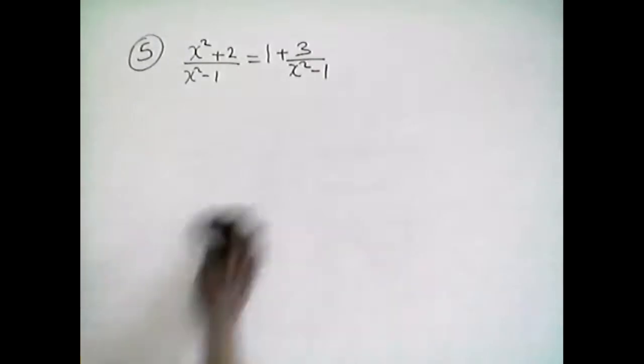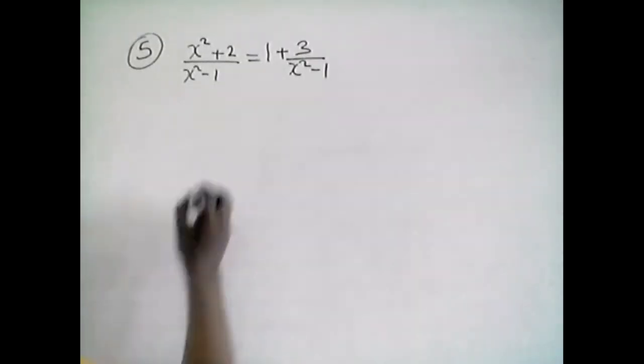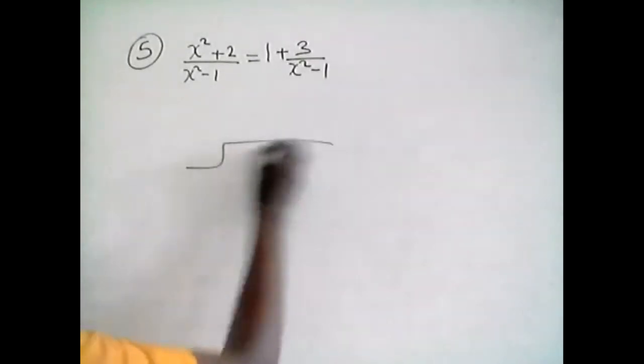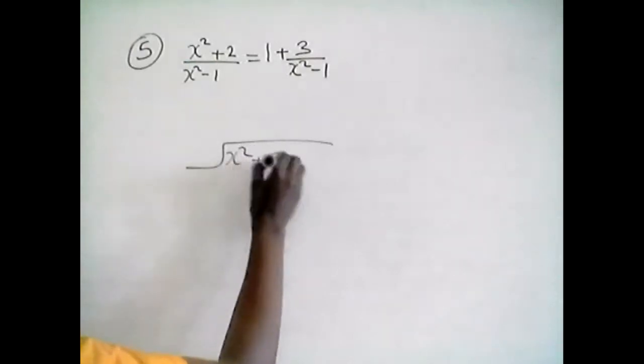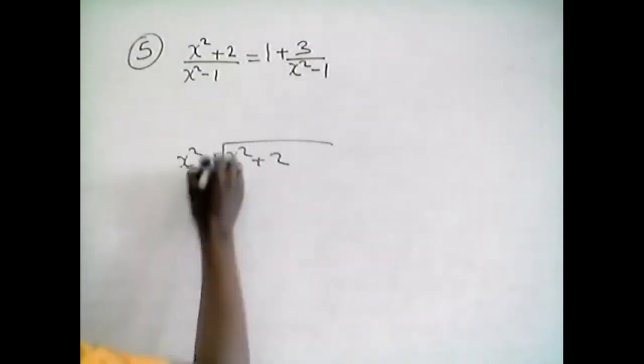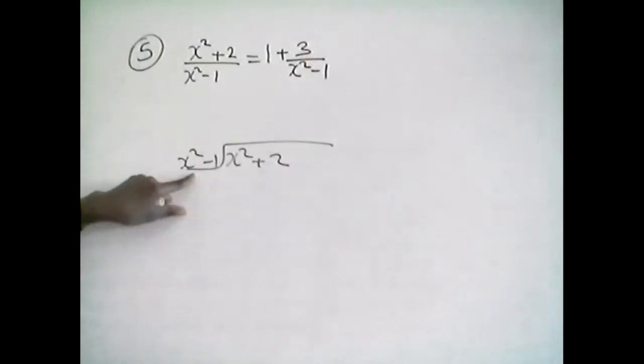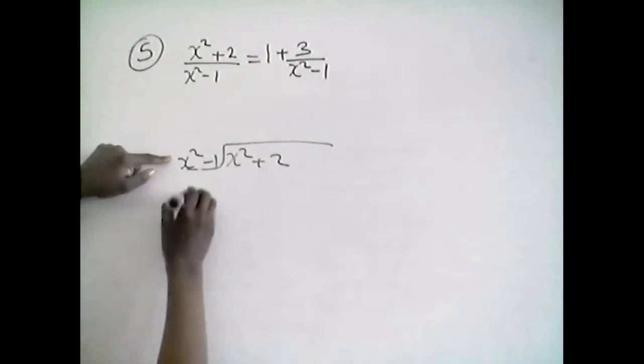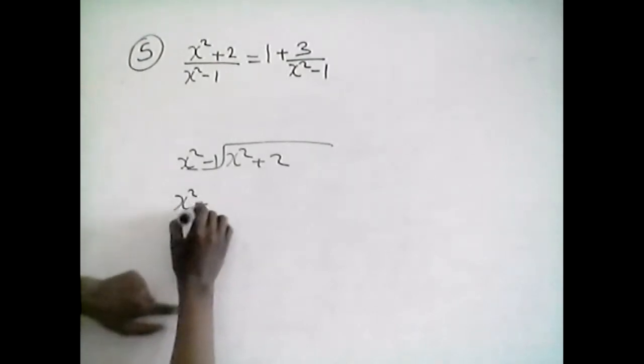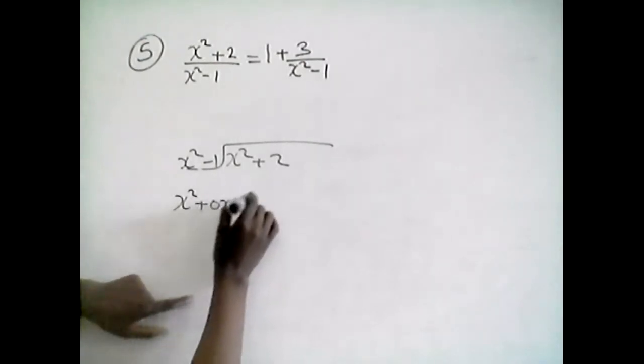So we're applying the same concept. We start with this. So we have x squared plus 2 over x squared minus 1. Maybe you want me to rewrite this. So this part which is here, if I tell you say x squared, the next will be 0x minus 1.